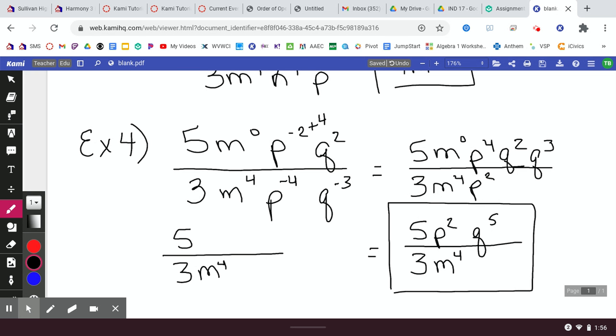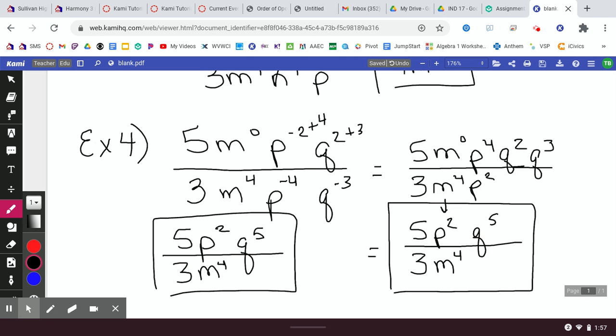And -2 plus 4 is p to the +2, which there's my p to the +2. Okay? Then if I do my q's, I've got 2 minus a -3. So minus a -3 would be +3, which would give me q to the 5. And it ends up there as well.